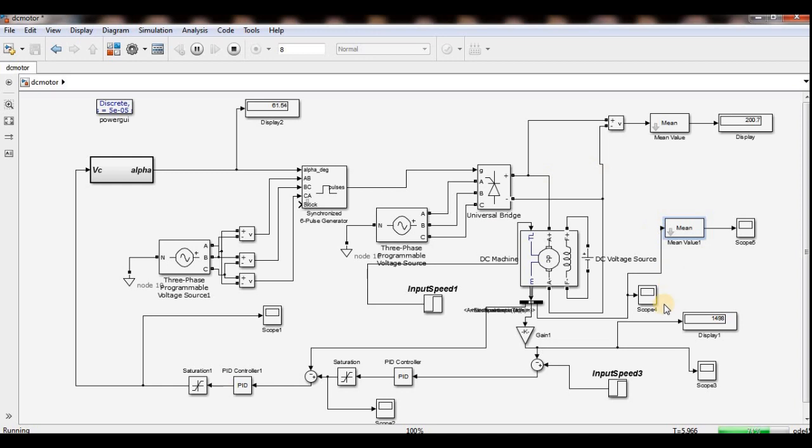So the whole process I can maintain the motor speed at my target speed, and I can easily operate at my input torque or load torque.